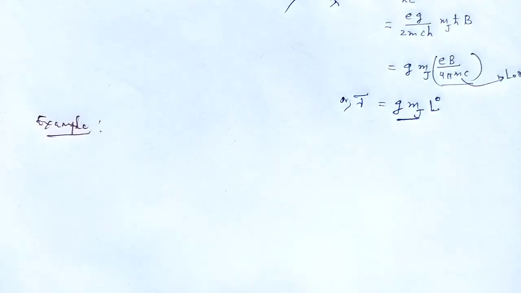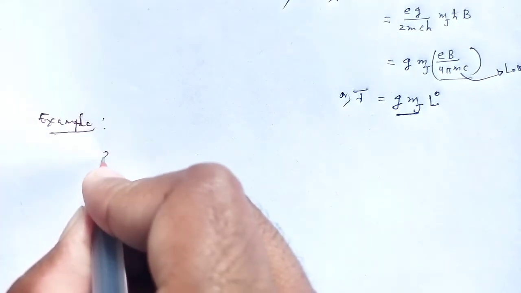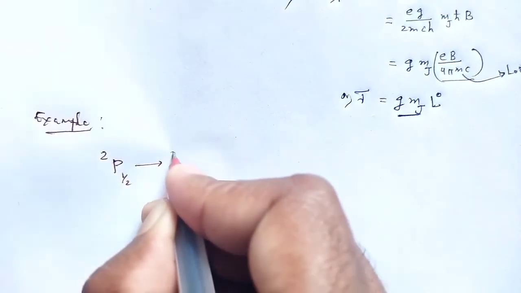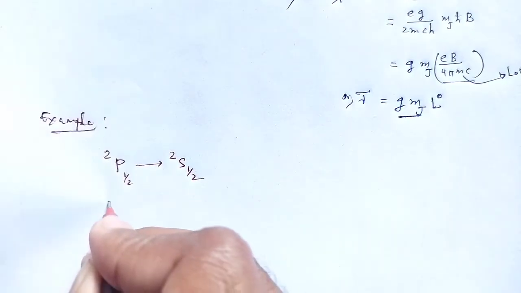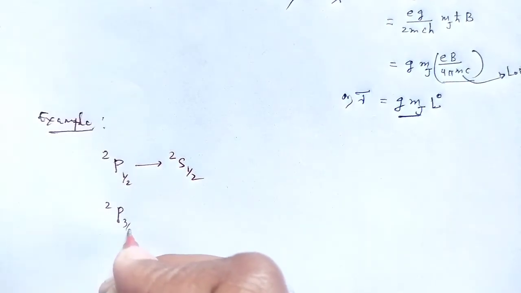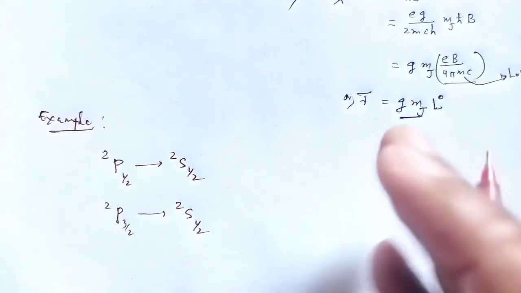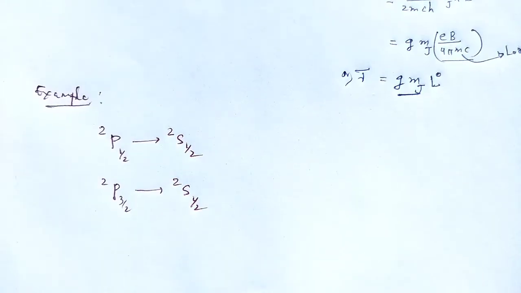The sodium D lines, D1 and D2, are the two lines formed. The transitions are 2p 1/2 to 2s 1/2, and 2p 3/2 to 2s 1/2. Two transitions are taken into consideration for the sodium atom.